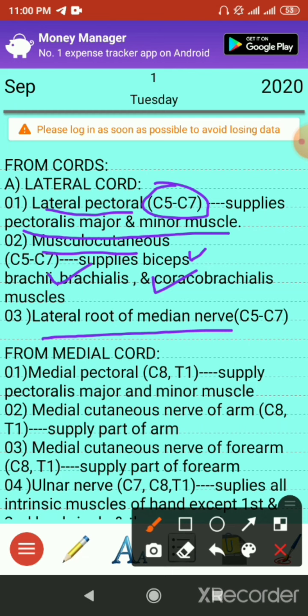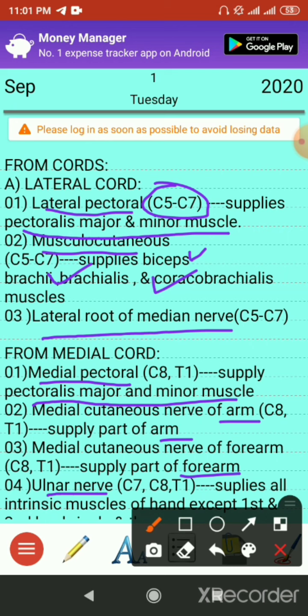And now come to the medial cord. The branches are the medial pectoral nerve, which supplies the pectoralis major and minor muscles, the medial cutaneous nerve of the arm, which supplies the medial part of the arm, and the medial cutaneous nerve of the forearm, which supplies the medial part of the forearm, and then the ulnar nerve.